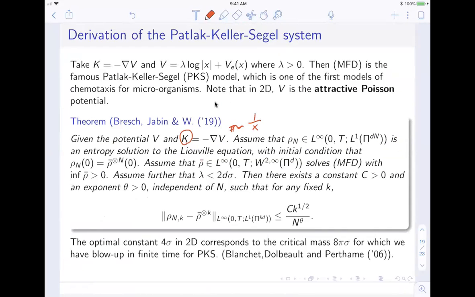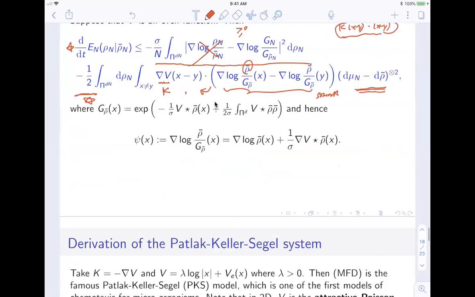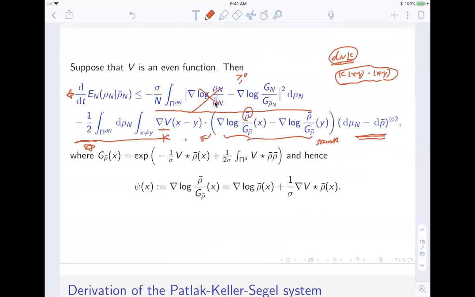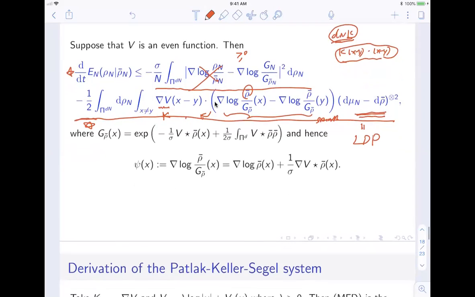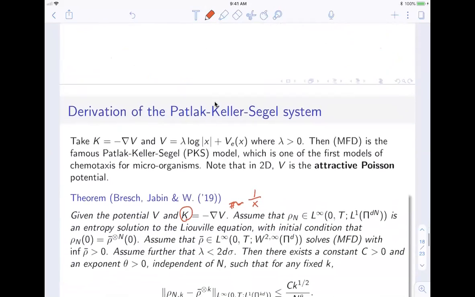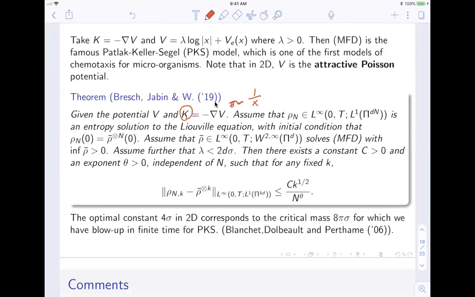So we can control this term like before, by LDE, the large deviation estimate. Those are exactly the same.